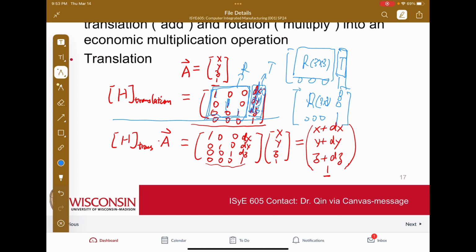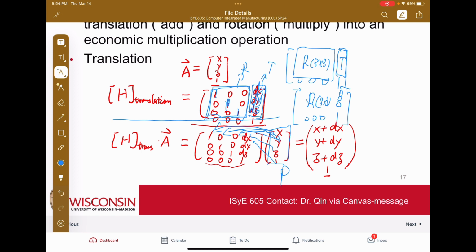If you want to validate it, this is the point we have, P. You need to multiply x, y, z, and 1 into the matrix. What will you get?